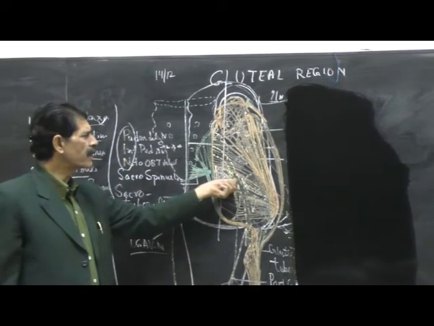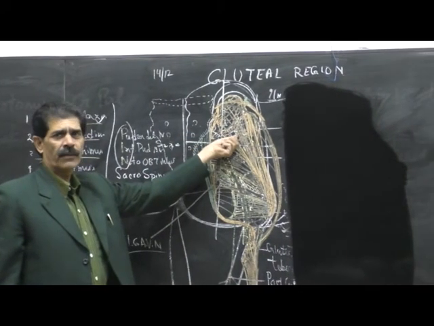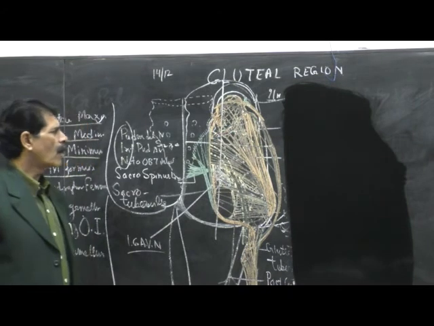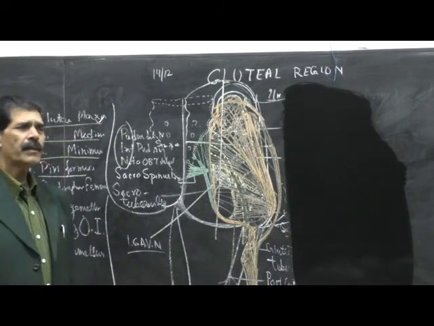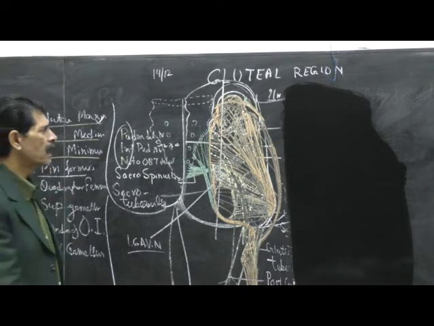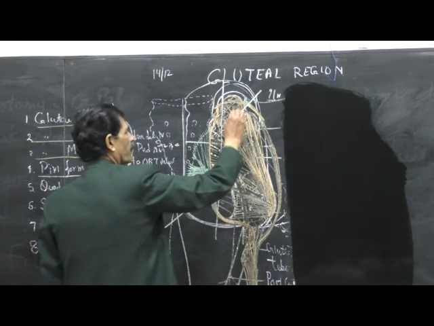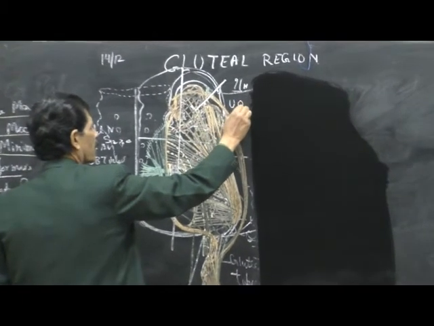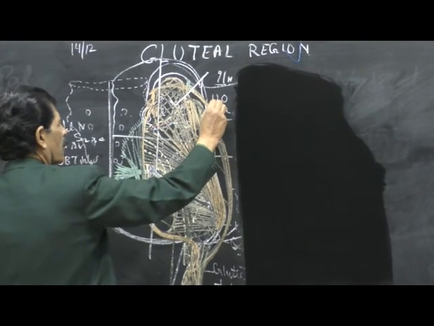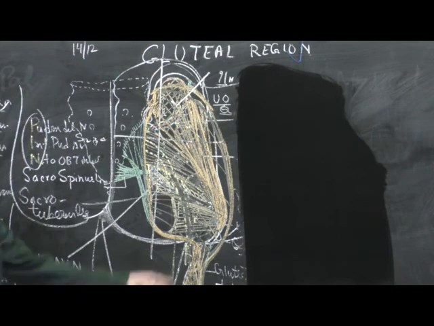Out of these four areas, for the intramuscular injection, we prefer the upper outer quadrant. The upper outer quadrant is the optimal injection area.